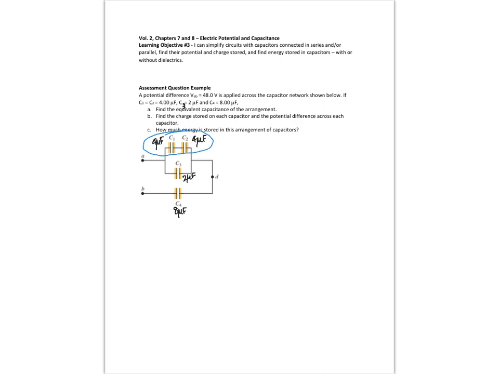When I add capacitors in series, I add their reciprocals, and that gives me the reciprocal of the equivalent. And so if I do that, these numbers worked out pretty nice. It turns out that those two 4 microfarad capacitors that were in series are equivalent to a single 2 microfarad capacitor. So I'm going to redraw my picture.